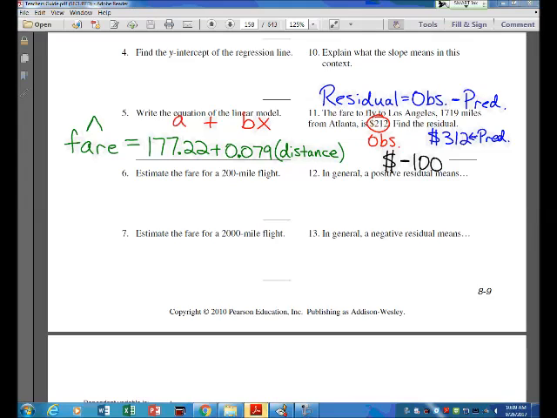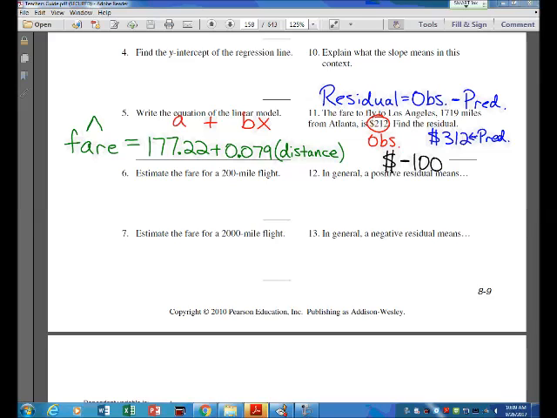Now let's talk about what that means, and this is really what is going to answer number 13, because it says a negative residual means. Well, what did we pay to fly from Atlanta to Los Angeles? We paid $212. What did the model say we should expect to pay? It says we should expect to pay $312. So if you get a negative residual in this context, that means amazing things for the consumer.